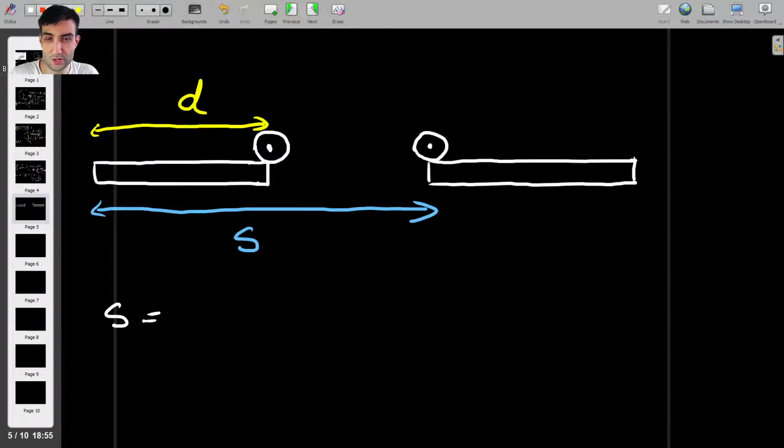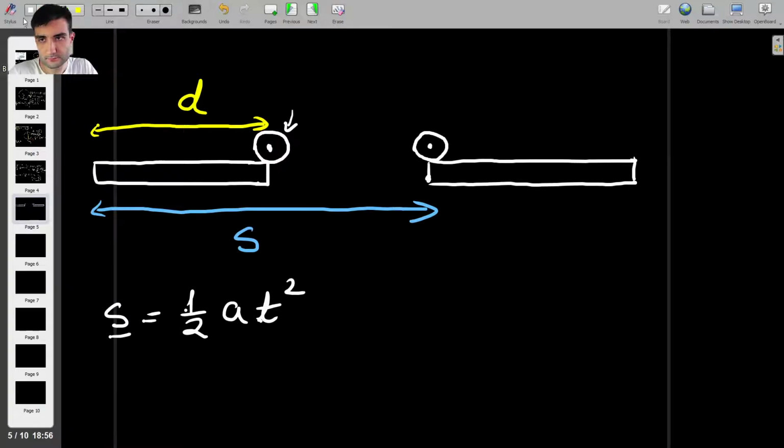We know the acceleration of the truck, so the distance that the truck moves until the roll falls is equal to 1/2 a t squared, because the truck moves with an acceleration a, and there's also a certain amount of time t until this point here is reached. Now we can't technically find s because we don't know t, so we have to find t from somewhere else, and that somewhere else is going to be the suvat equation for the center of mass of the cylinder.